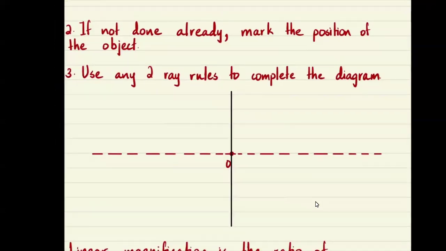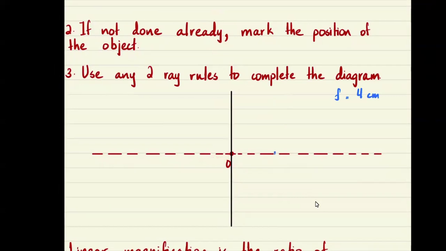So for example, the examiner tells me that the focal length is, let's say, 4 centimeters, and that one big box, which contains 5 of the other boxes, is 4 centimeters. So I just count those boxes and mark those points.